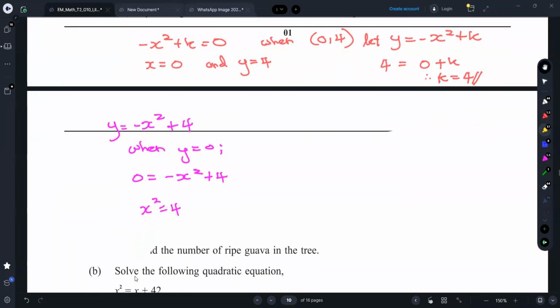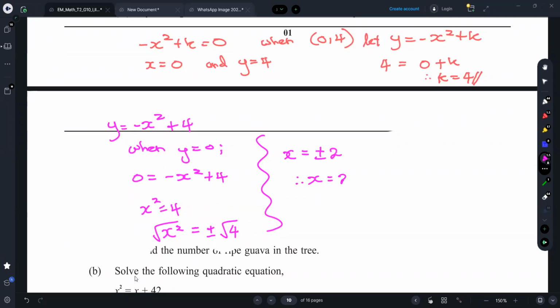We can take the root of both sides. x equals plus or minus the root of 4, then plus or minus 2. Therefore, x equals plus 2 or x equals minus 2. These two are the values. Complete your answers.